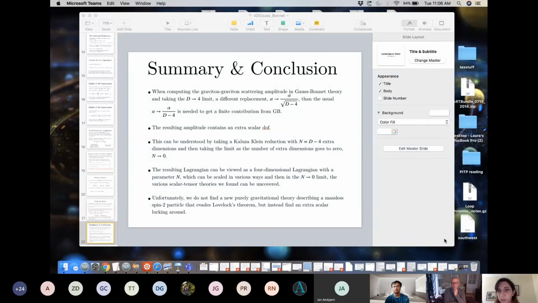And so you still have extra degrees of freedom. And so I think this is more like that case. Okay, I see. I get your point. The discontinuity here is more similar to the one in massive gravity rather than Proca theory. Yeah, I think so. I see. Okay, I get your point.